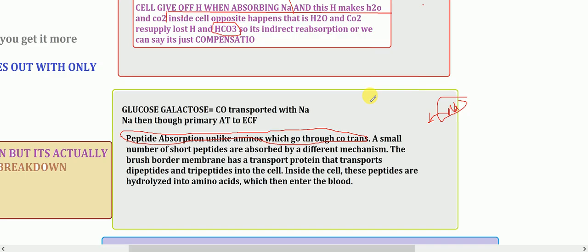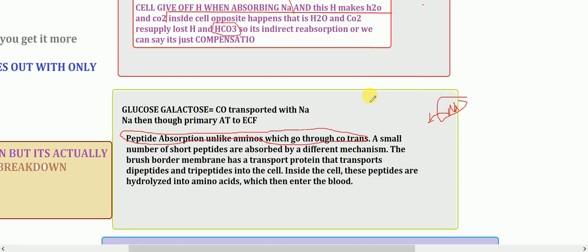It is through specialized carriers on the brush borders, which actually help the peptides to be transported into the cells. So if someone asks you which of the following is getting absorbed via active co-transport, it is actually the amino acids, not the peptides. For peptides, we have special carriers on brush borders. Brush borders are in the small intestine.